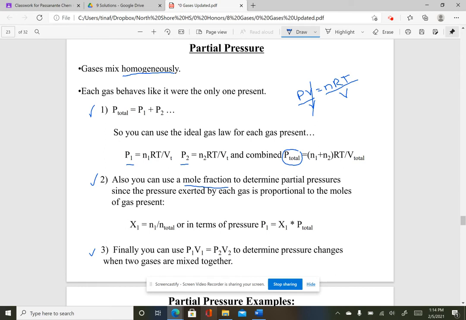The symbol for mole fraction is this symbol here, this X. If they give you the number of moles of each gas present, you can find the total, and you would divide each number of moles for each gas by its total to get the mole fraction of each gas, and then you can use this formula to go from there. If they just give you moles, then you would not be able to use the other formula because you don't have any of the other information.